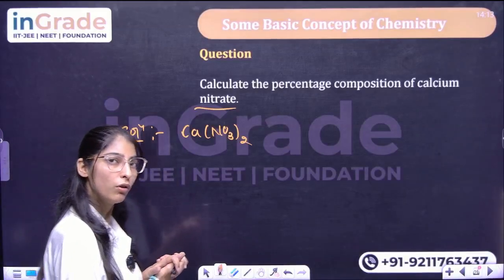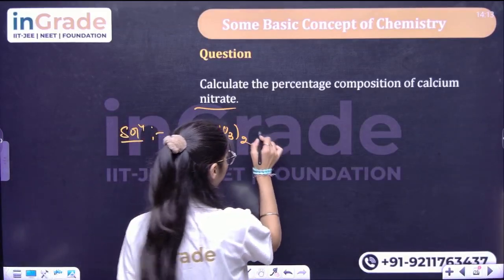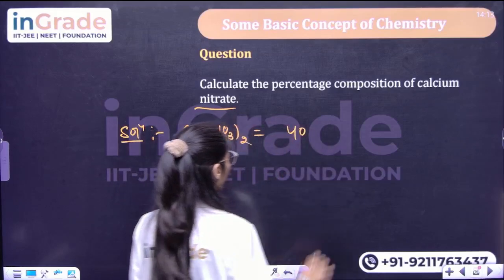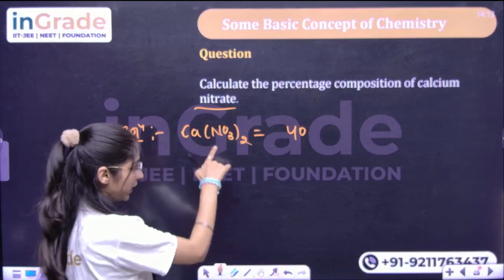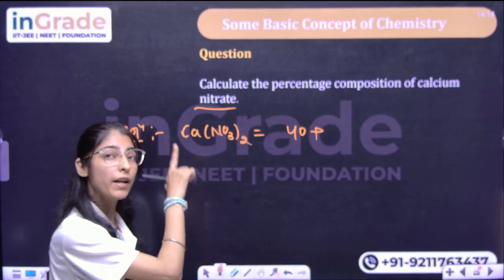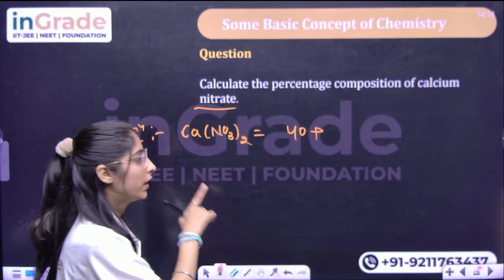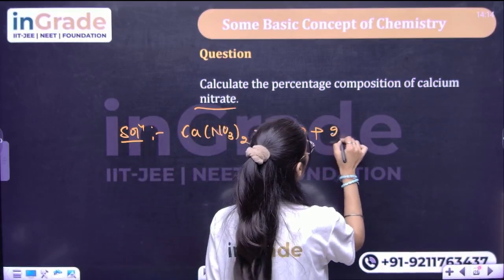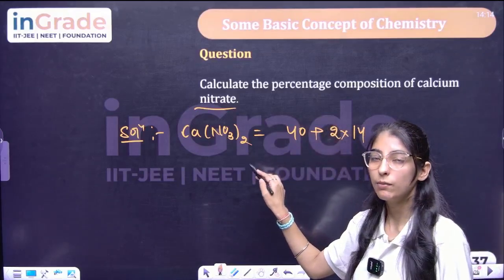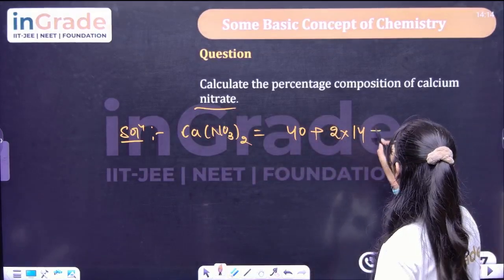Ma'am, how are we going to calculate it? See here. We know that the mass of calcium is 40, right? And two nitrogen atoms are present here, which simply means 2 into 14, and the number of oxygen atoms present here is going to be 6.